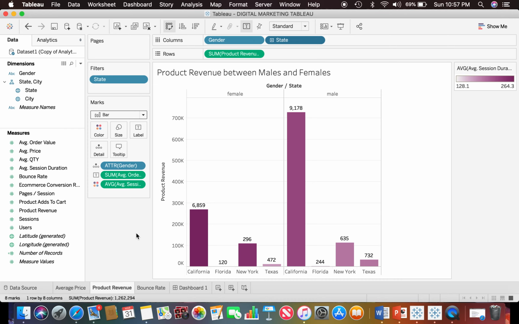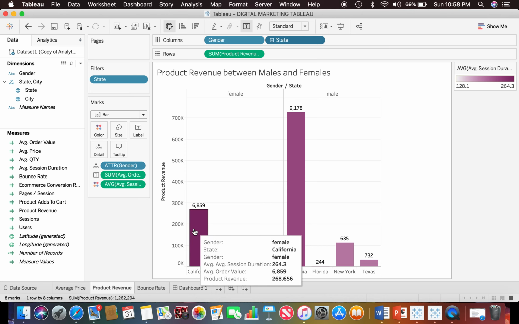In the second sheet, I split it up between females and males, showing the amount of product revenue that is brought in. To spice this up a bit, I color coded it for the average session duration, which is split up by the larger amount of time being spent on the website.